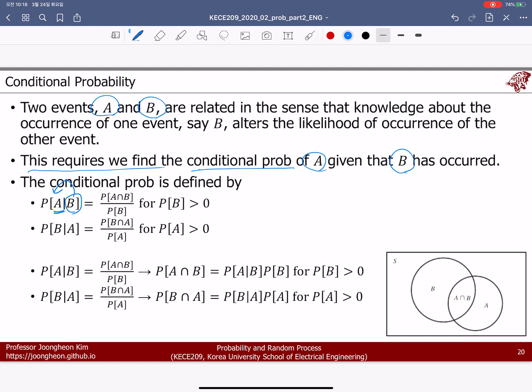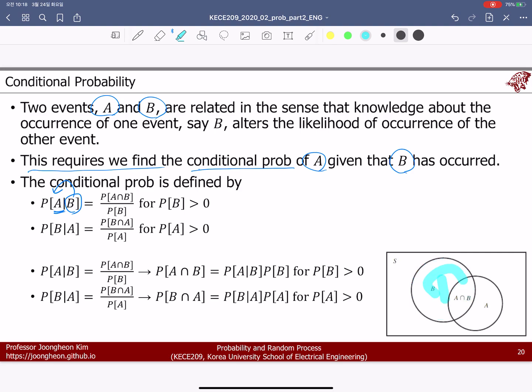So we can make the description just like that. Suppose that B happens at first. If B is not happening, if we are in the B complement, then those are not our interest. Okay, we will not see that anymore. We will see only the B space. This is our interest. So you can easily imagine that this is our new sample space.